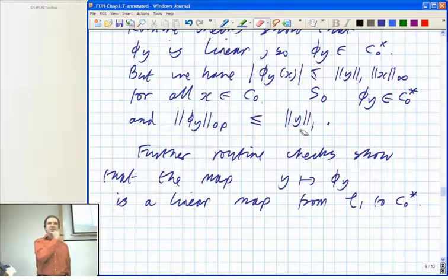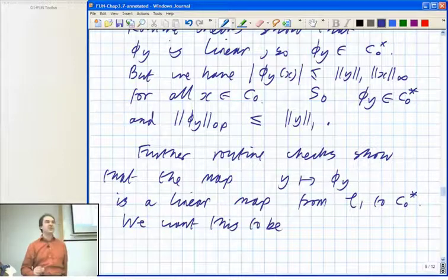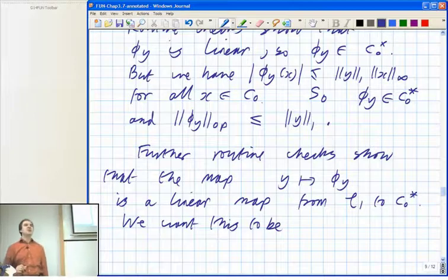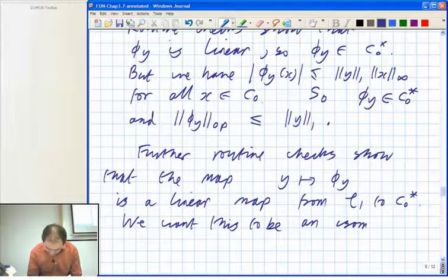If we want it to be an isometric linear isomorphism, yes, we need equality. So we've got to do a bit of work to get the bound from below.